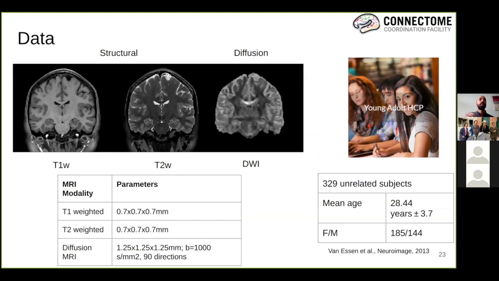So the data I used was from the Human Connectome project. I used structural and diffusion imaging, specifically T1, T2 weighted image, as well as diffusion. I focused on a set of 329 unrelated subjects from the Human Connectome project with mean age and a female-male split as shown here.